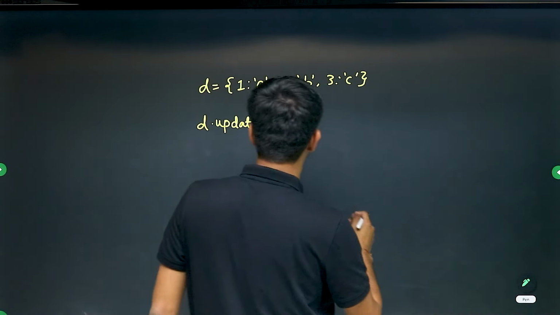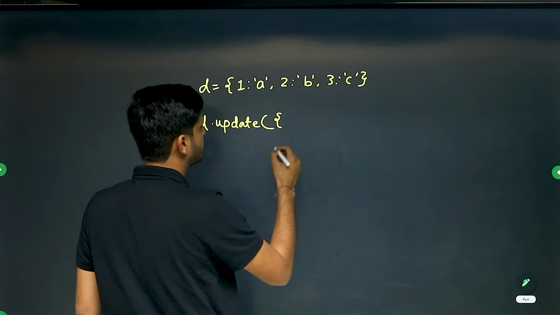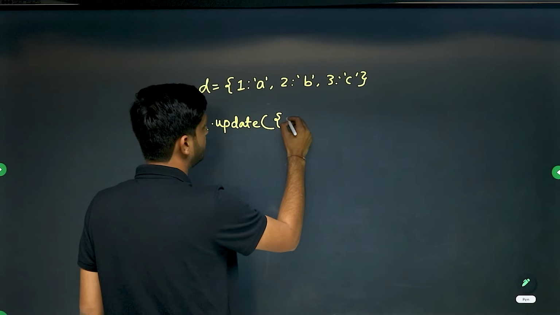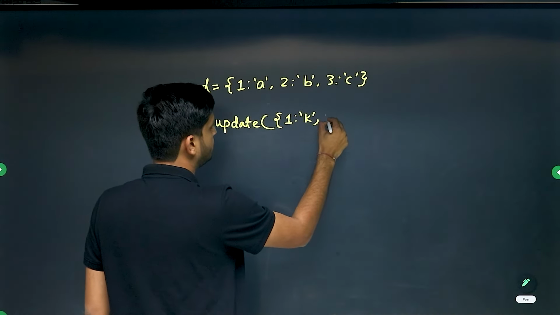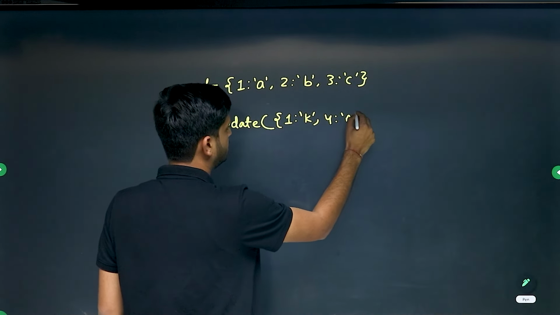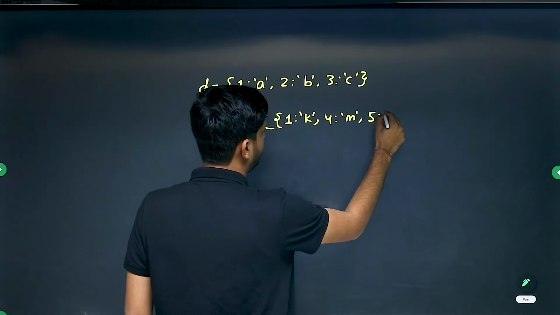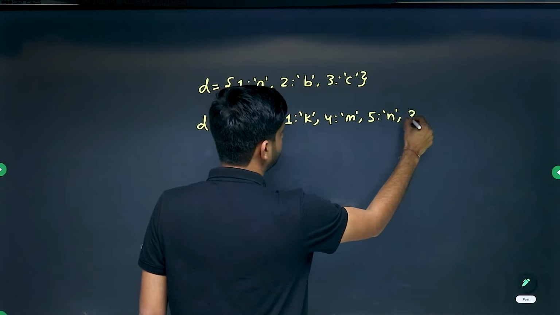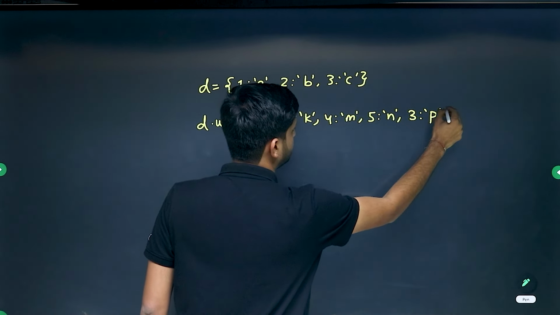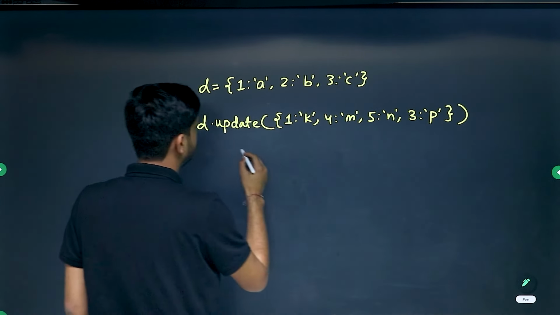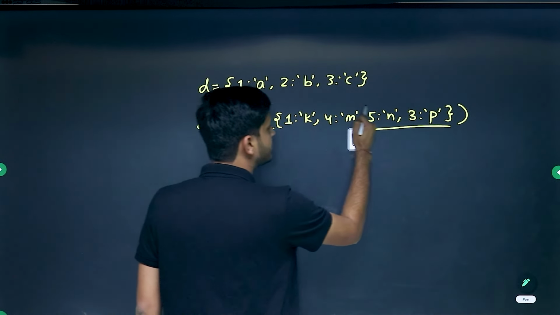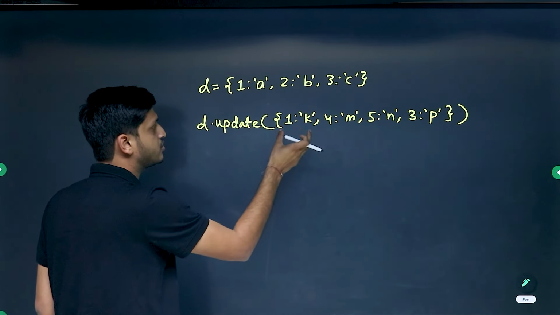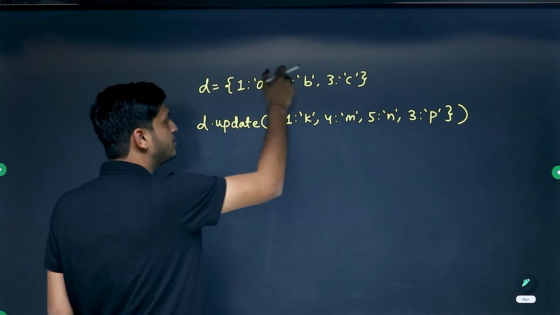So let's say I update it with another dictionary: 1K, 4M, 5N and 3P. This is the dictionary which I have given. So the update function takes another dictionary and it will insert all the key value pairs in this dictionary into the original dictionary.